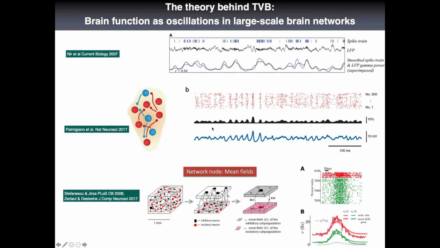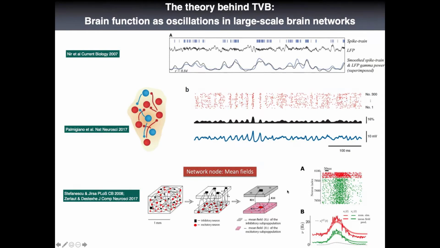So this gives us the idea that we can actually model large-scale oscillations in the whole brain, the things we usually measure with fMRI, EEG, etc., as the activity of interacting neural populations, each of which is described by its mean field. In other words, by its average behavior.